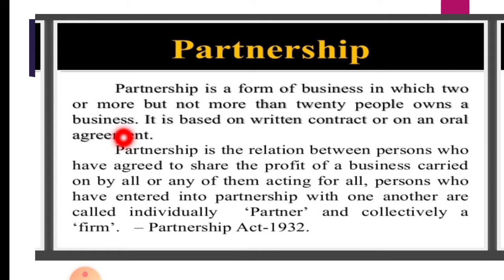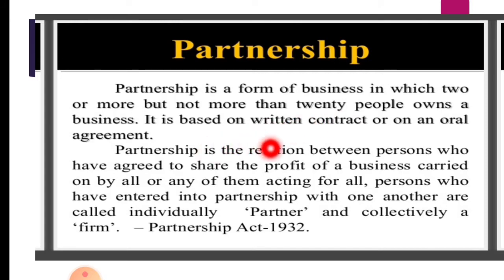Since sole trading has lots of demerits, the partnership firm has come into play to remove all the demerits of sole trading business. Here you could see two or more persons, but not more than 20 people. So the limitation of people entering into a contract in a partnership firm is 20.